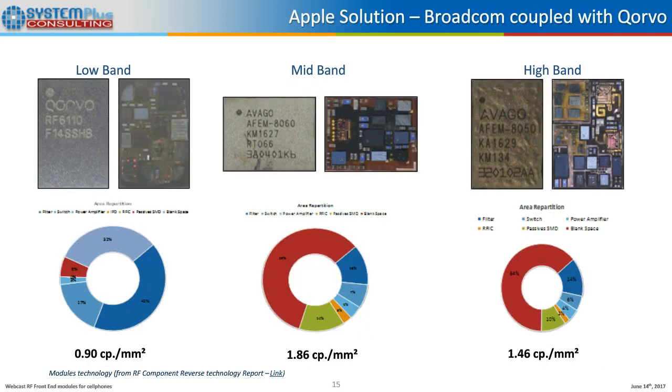In the second application, we will see the Apple iPhone 7 Plus solution, which has a fully integrated solution from 2 suppliers, Broadcom and Qorvo. And surprisingly, Qorvo has been selected to provide the low band filter.